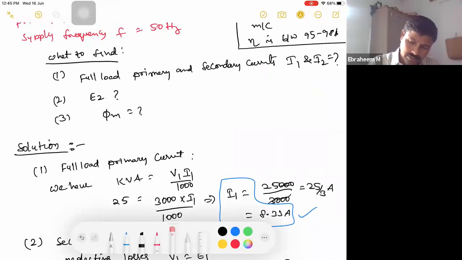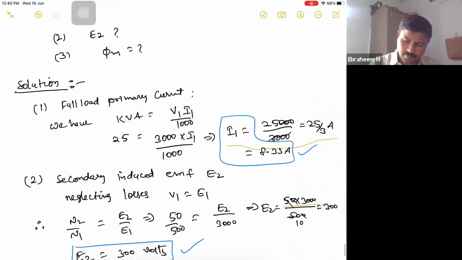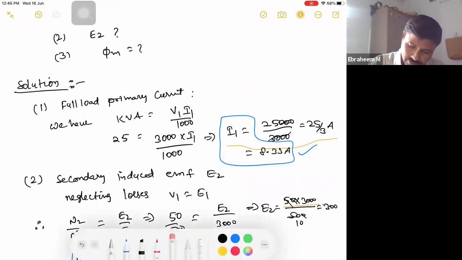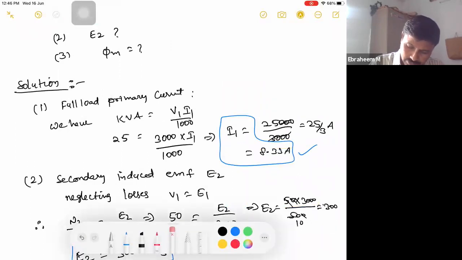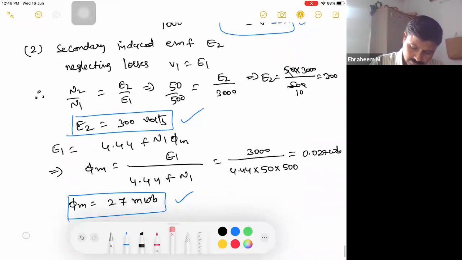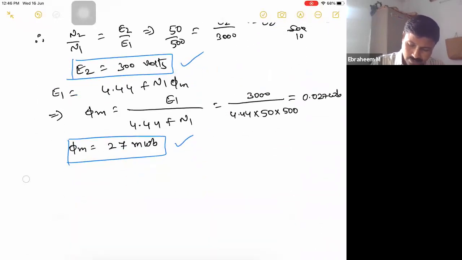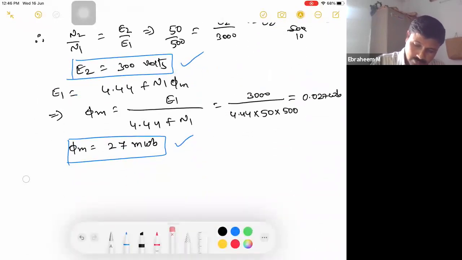Oh, I2, okay, right. Similarly we can find it here itself. I2 is also equal to what?